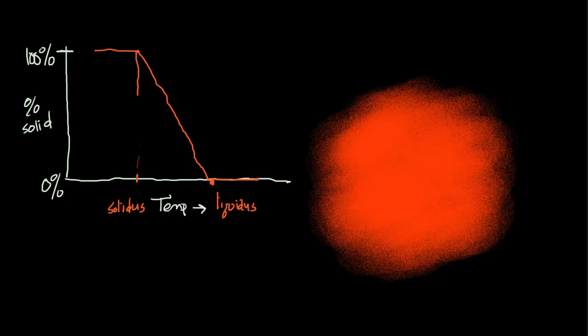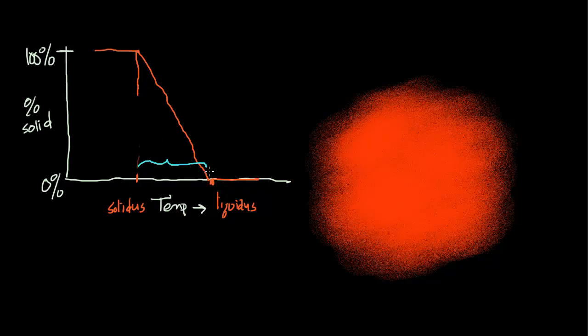And within the range of temperatures between the solidus and the liquidus, we have both liquid and solid present. This is the range of temperatures in which this liquid has to crystallize. So crystallization takes place within this window, the window where the liquids transform to the solids.